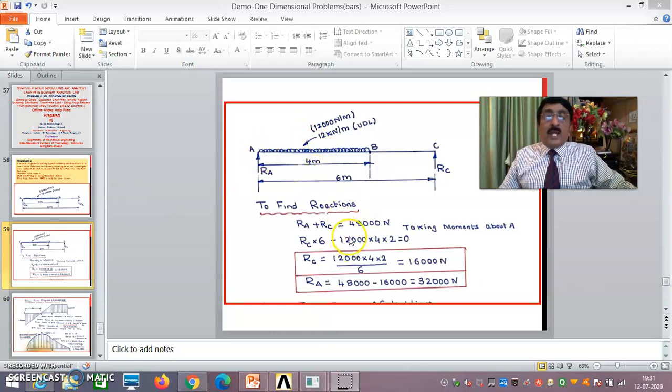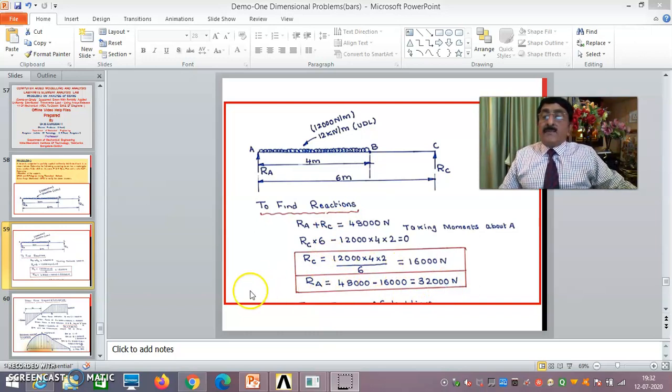That means RC you get as 16,000 Newtons. Then, since RA plus RC is 48,000 Newtons, substituting RC, RA you get as 32,000 Newtons. This is how you determine the reactions.